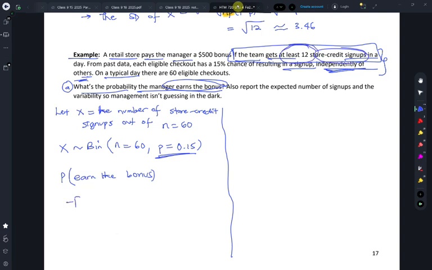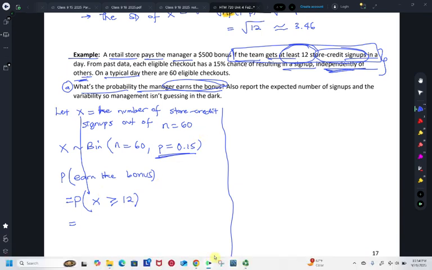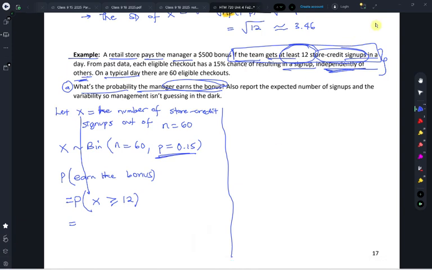So that is the probability that X, the number of signups, is at least 12. At least 12 would mean I need to compute the probability that X is greater than or equal to 12. So let's go back to our calculator.